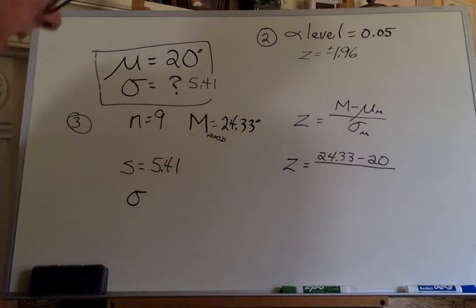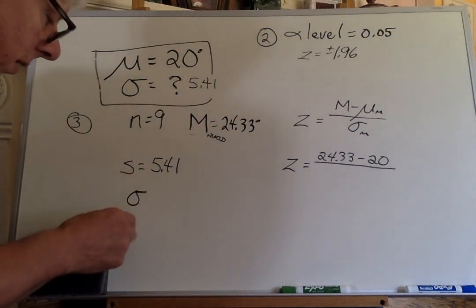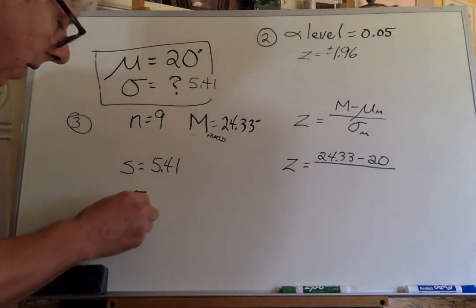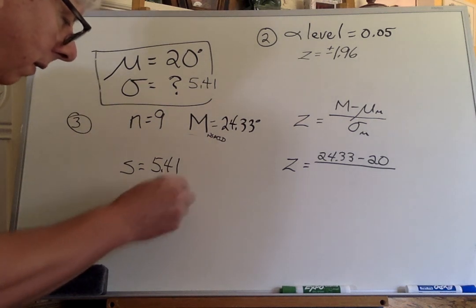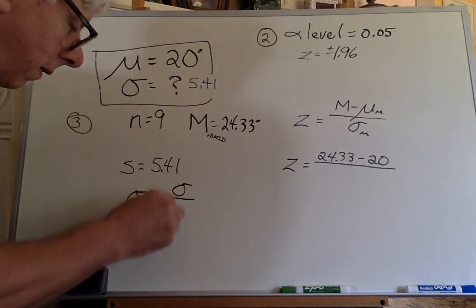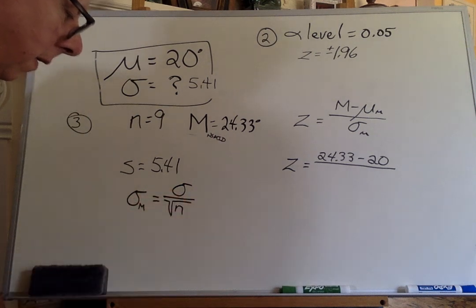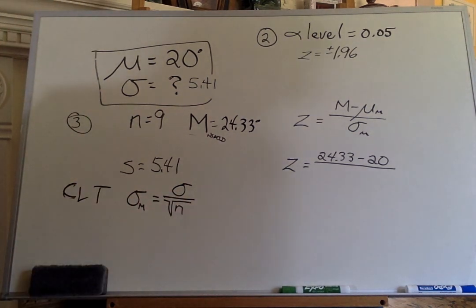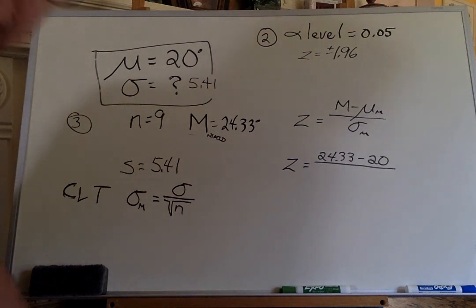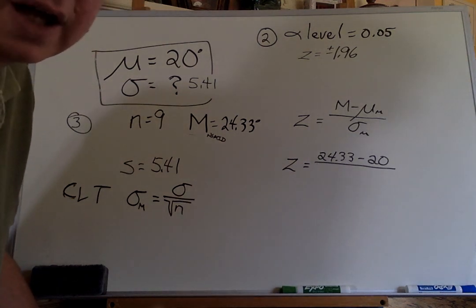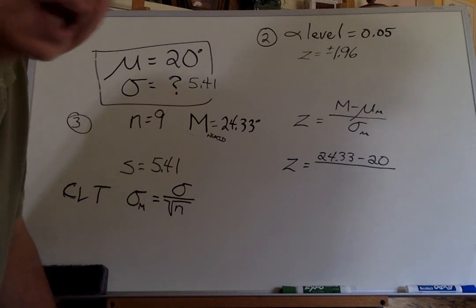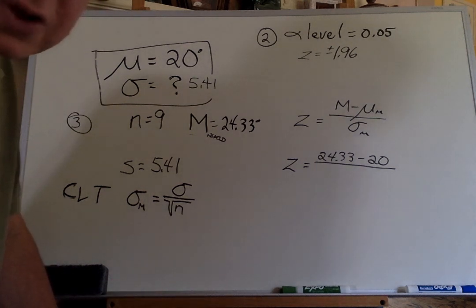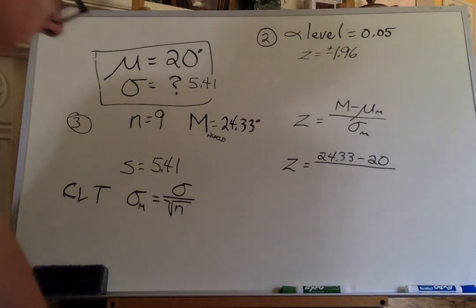And so I need to go from sigma to sigma sub m, and how did I do that? This is just our standard central limit theorem step, okay? Yeah, folks, it gets more complex. I don't know what to say. That's the nature of the real world. This is what we have to do, okay?